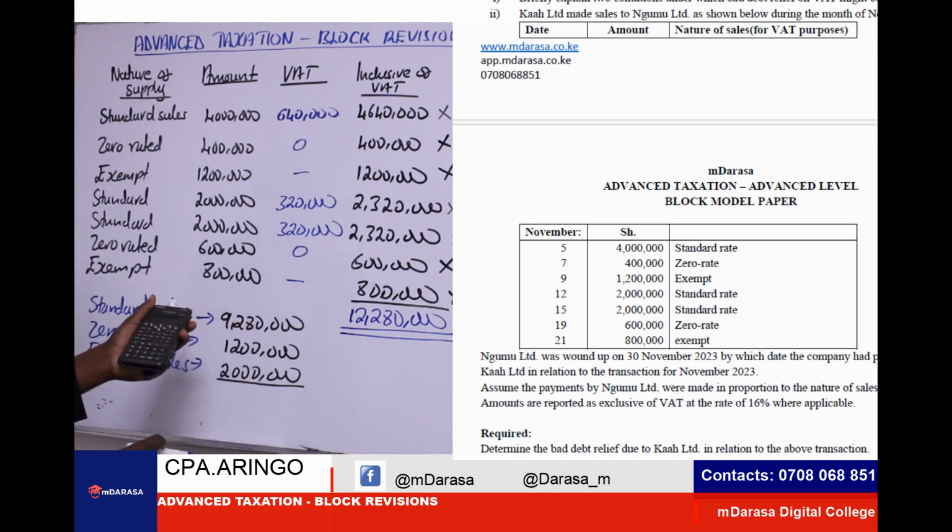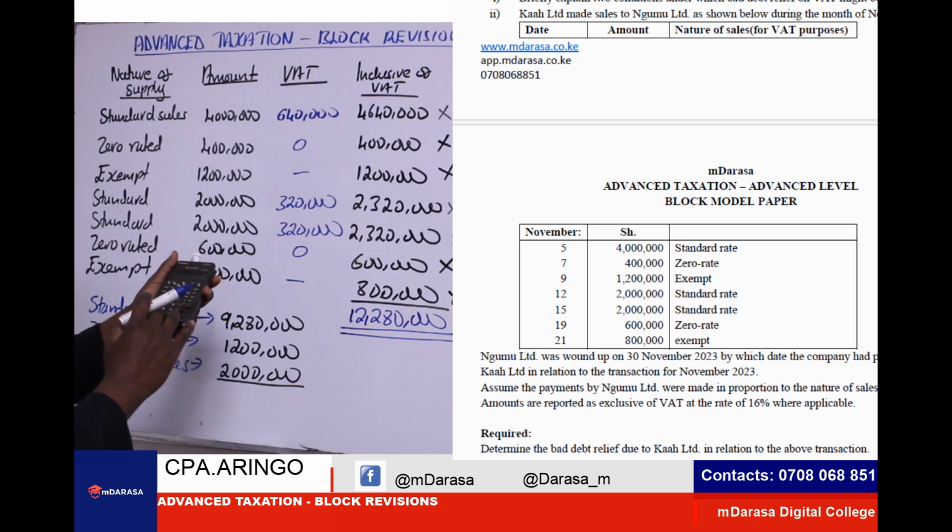So if at all we had this, in this case I'm having 2320, 4640 plus 4640, 4640.